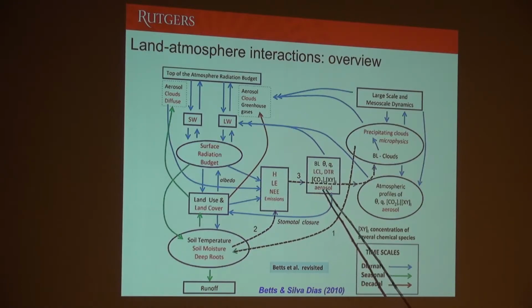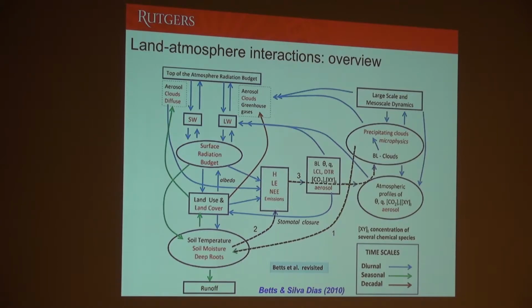That in turn can modify the thermodynamic structure of the boundary layer, which is essentially the part of the atmosphere that rubs up against the land surface. And then the boundary layer structure couples back into things like clouds, and in turn that goes back to precipitation.